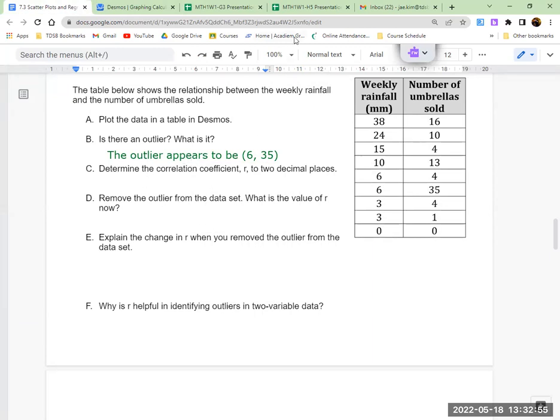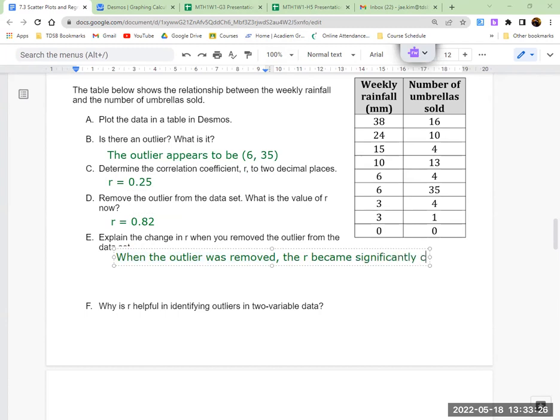So determine the correlation coefficient. That R was about 0.25. And I removed it. The R became 0.82. Explain the change in R when you remove the outlier. Well, I could say, when the outlier was removed, I will say the R value became significantly closer to 1, which is strong positive.